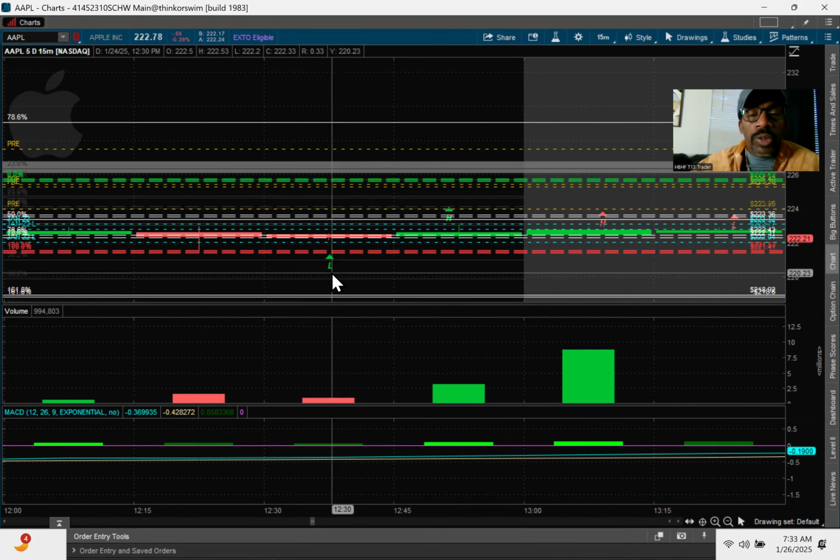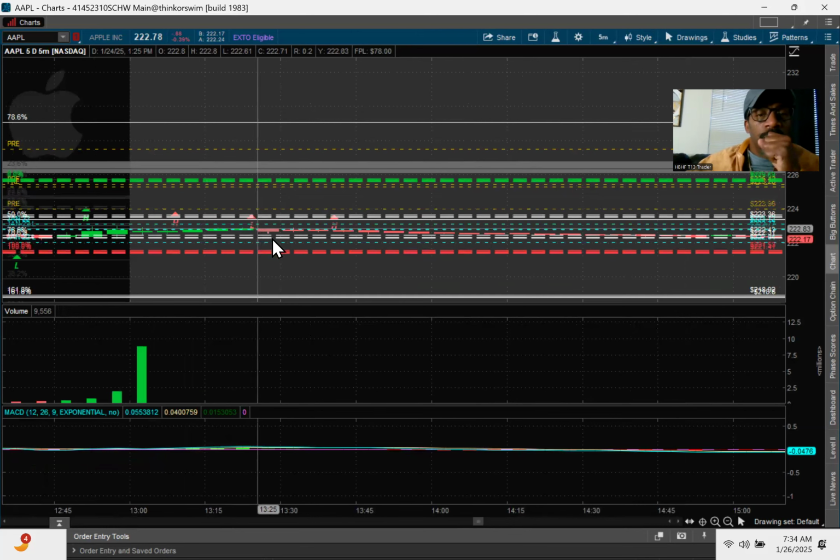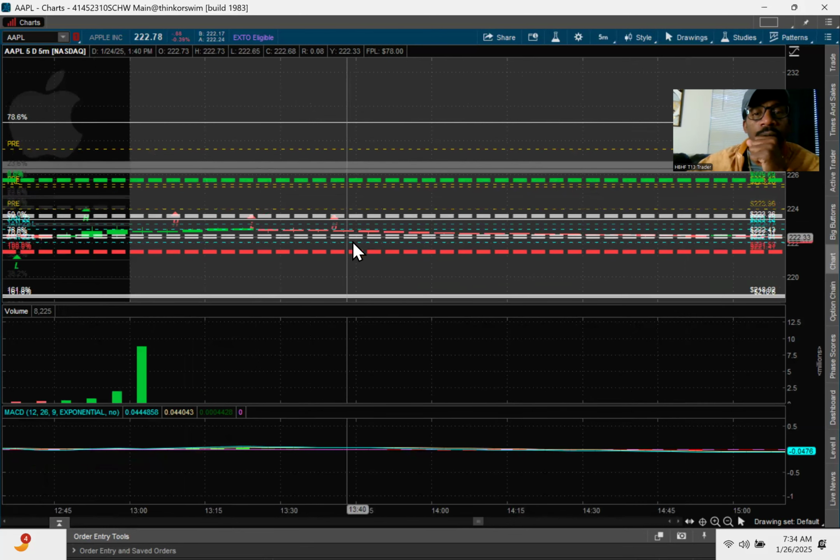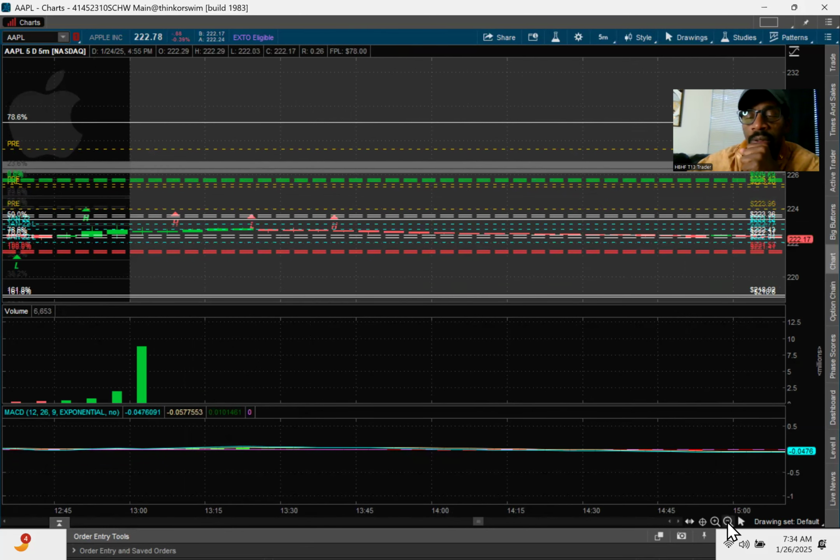But you see one higher low, two, and this is the third. It dropped and then formed another low off of this low. So right now it currently has a support here.